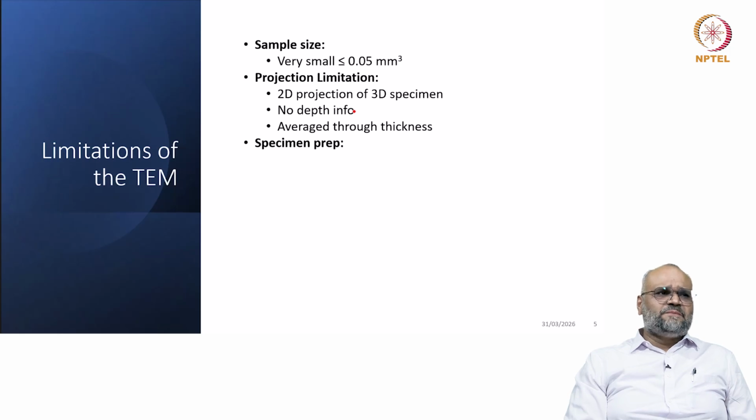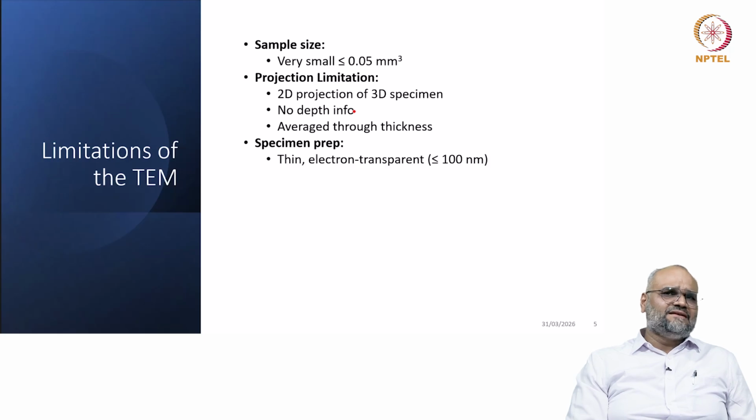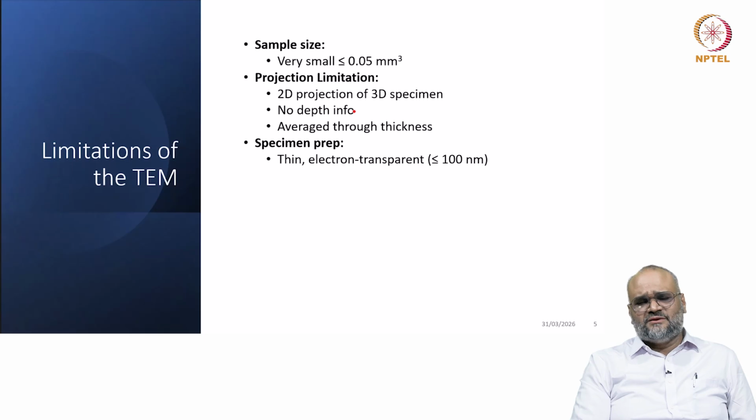Then specimen preparation is actually a big challenge. Any material that was shown on the previous slide, you have to prepare it carefully such that you do not lose the primary information from the material, and it has to be electron transparent. When I say electron transparent, it is really thin. Typically for an inorganic material, it is less than or equal to 100 nanometers across the viewing direction.